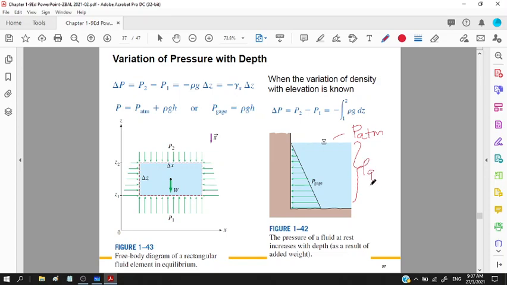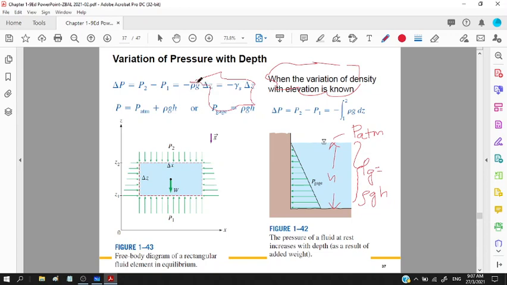Why? Because the P gauge here depends on the depth. The P gauge is equal to rho g h, whereby this is our H value. More H, more gauge pressure. But the P atmospheric is still the same. What is actually P atmospheric? The P atmospheric is what we have on top of that surface.